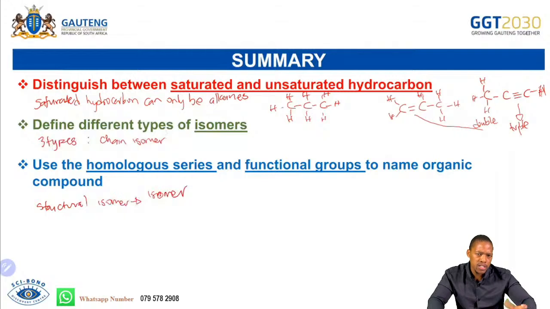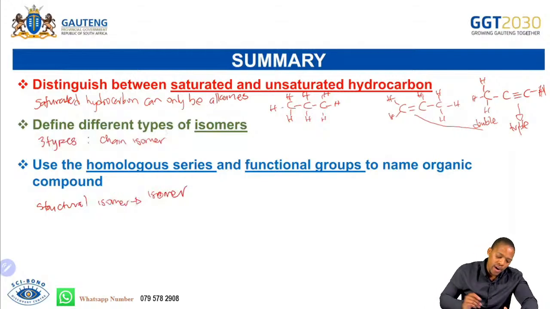So the chains are not the same, like the one we had where the chain was a but and the other chain was a what? A prop. So they can ask you to define a chain isomer. Defining a chain isomer is not the same as defining a structural isomer. That's the thing I'm trying to emphasize here, grade 12.